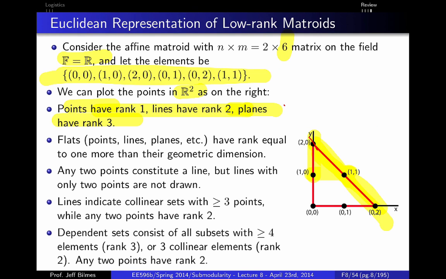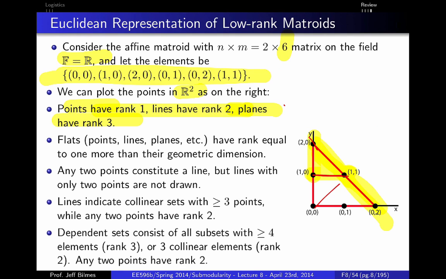So 2 points constitute a line. Now, because all 2 non-identical points constitute a line, there's no reason to draw a line between them. So what we're drawing in this picture are only the lines for which maybe it's not immediately obvious. We're only drawing the lines between sets of collinear points greater than 2. Okay? Like we could draw a line here, right?